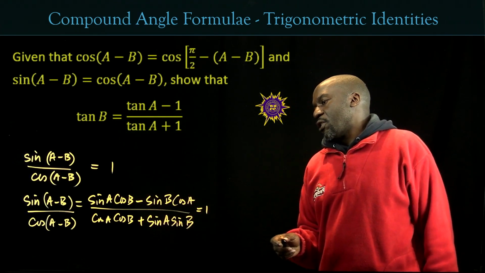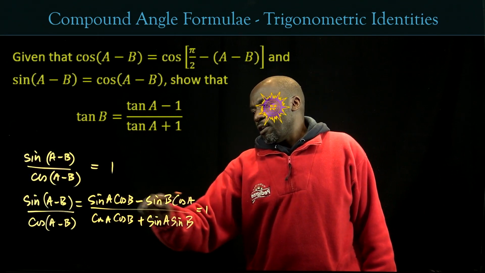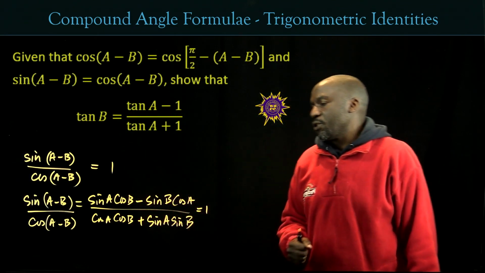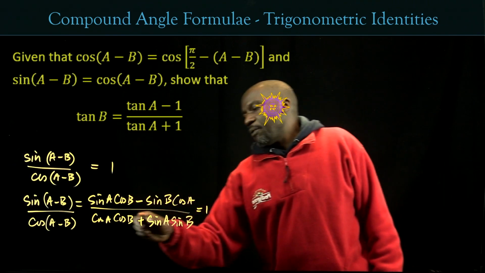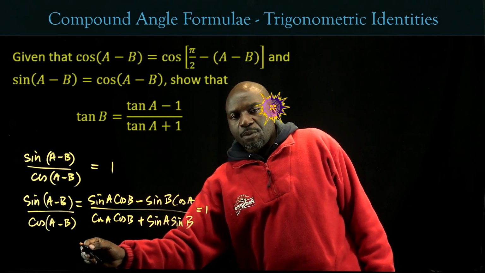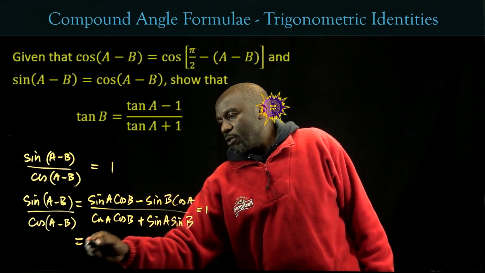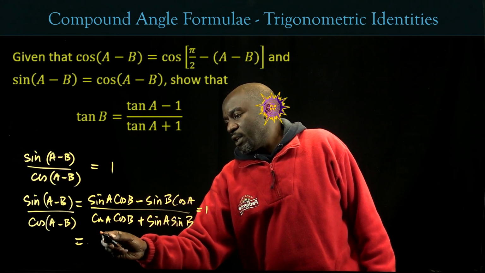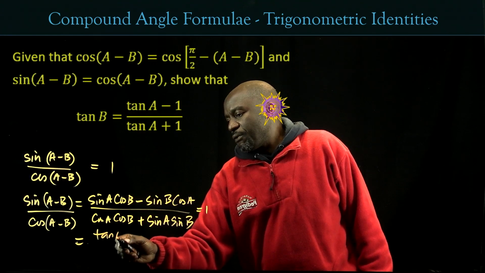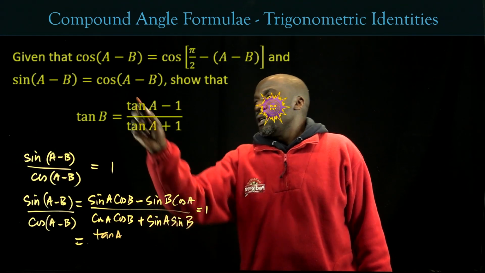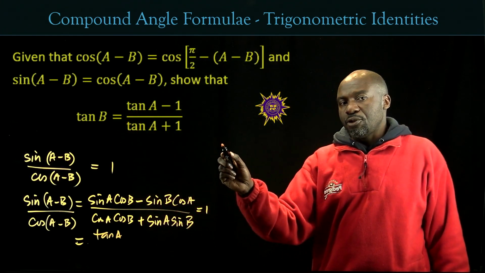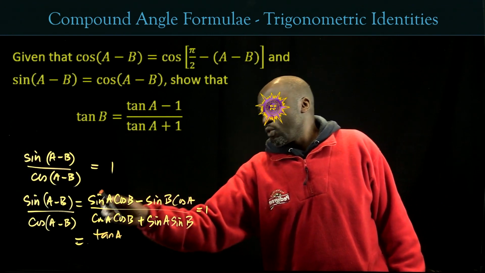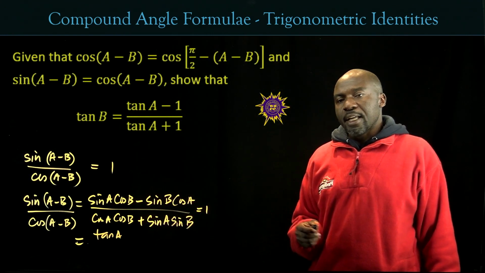So if I divide the top and the bottom of this expression by cos A cos B, I'm going to have tan of A. Let me just write this somewhere to show you, and then we don't have to do it again.